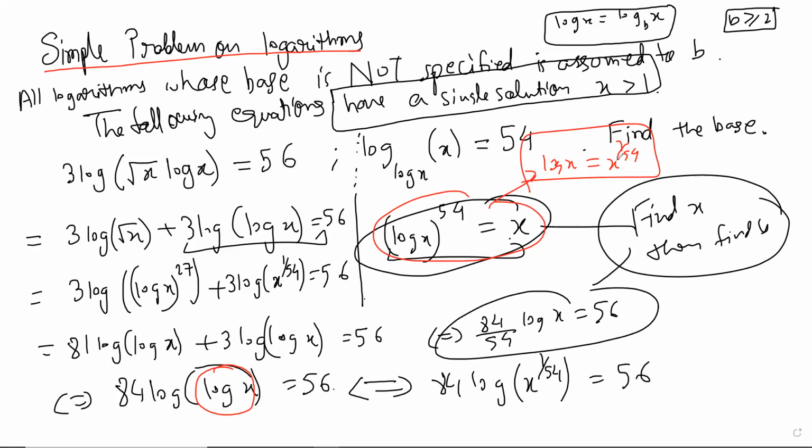So instead of log x, he's writing x to the power 1 by 54, and then simplifying, because 1 by 54 comes down outside. So please try to do this on your own. And if you need it, you can revisit this and check, but otherwise try to finish it on your own.